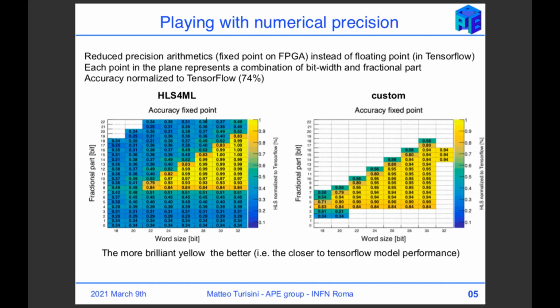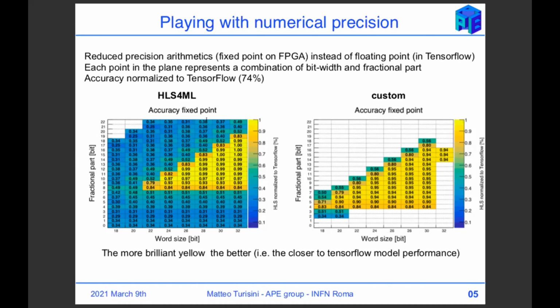We have complete agreement for HLS4ML in a few points, and the region is this triangular yellow on the left, while on the right you have the custom algorithm, and also there we have nice performances, even if we have to give up a few percentage points of accuracy.